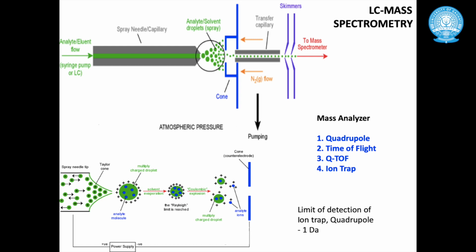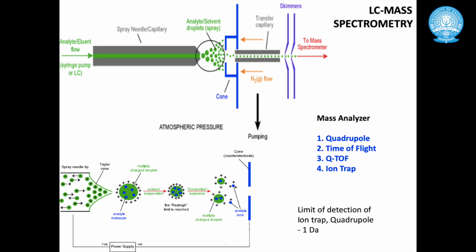There may be many combinations of these, more than one in a combination. Like in the case of Q-TOF, there is one quadrupole and one TOF. It may be TOF-TOF. There is also triple quadrupole. So this is how a mass spectrometer works.